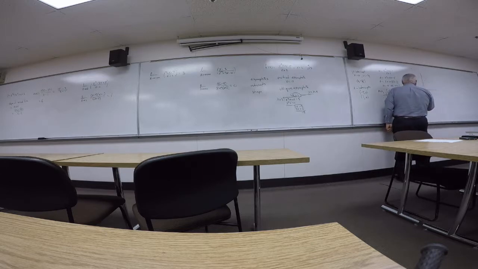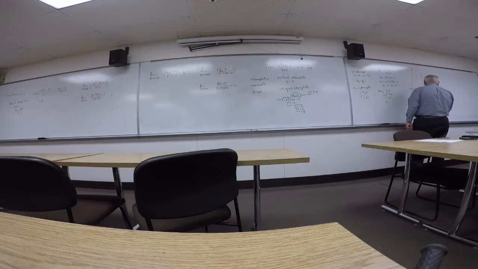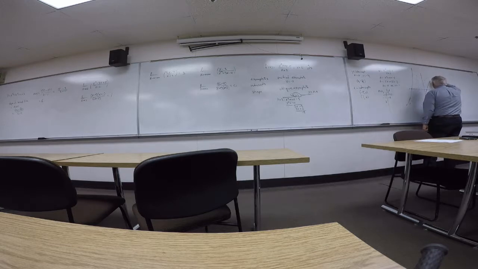So if we draw a smooth curve through these points that we found, it goes something like that. It is asymptotic, so eventually it gets close up there.